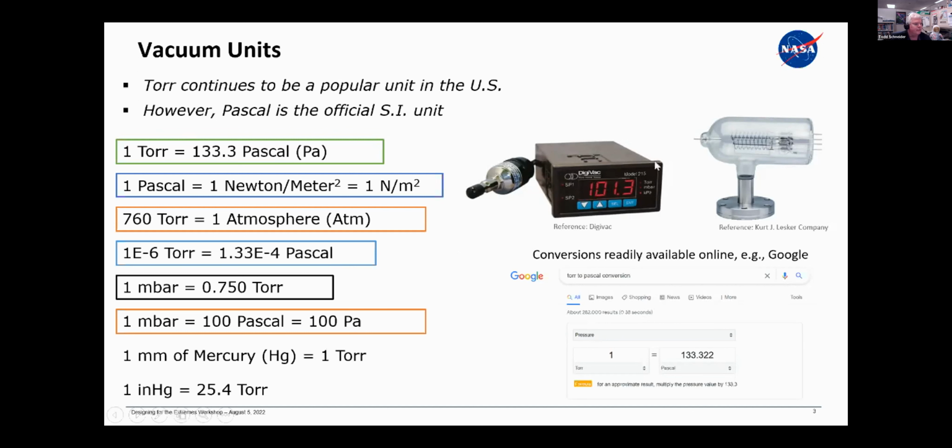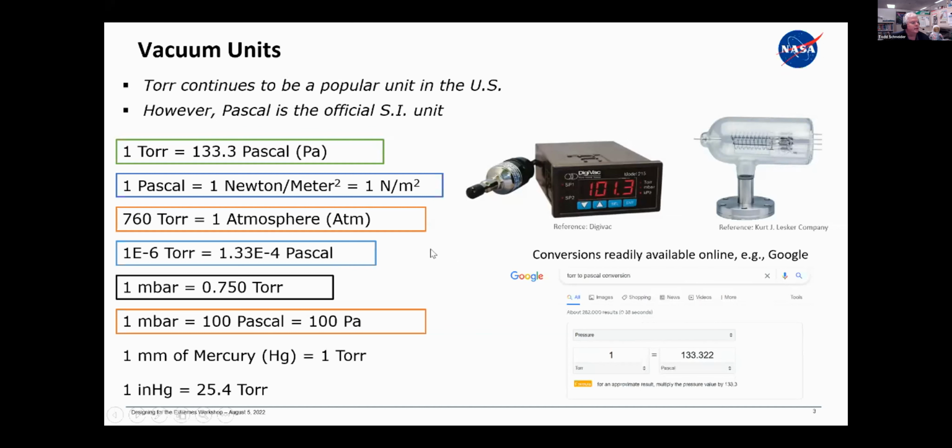In the interest of playing fast and loose to make some of these conversions easy, I often just round off: 1 torr is equal to about 100 pascals, and that can be helpful for converting really quick. The Pascal is really derived from 1 Newton per meter squared, so it's an honest metric unit, obviously.